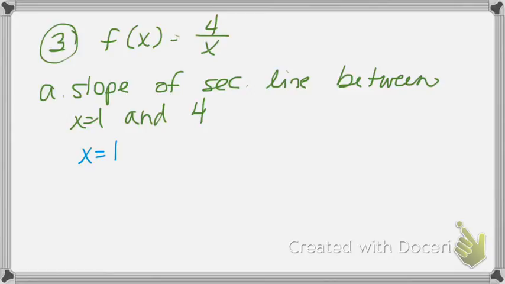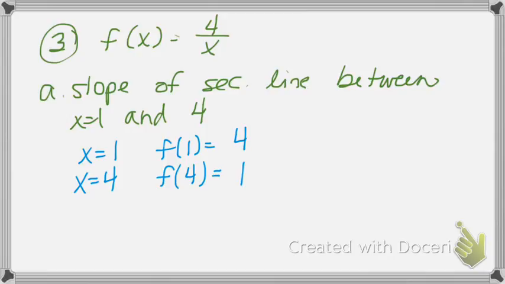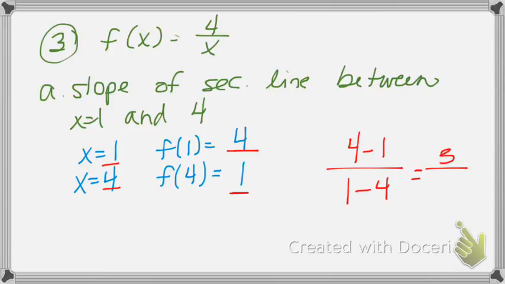So I'm going to plug in 1. It'll be 4 over 1. We'll plug in 4. 4 over 4, which is 1. So then I just find the slope. I do the y's and subtract them over the x's and subtract them. And then I get 3 over negative 3, which is negative 1.